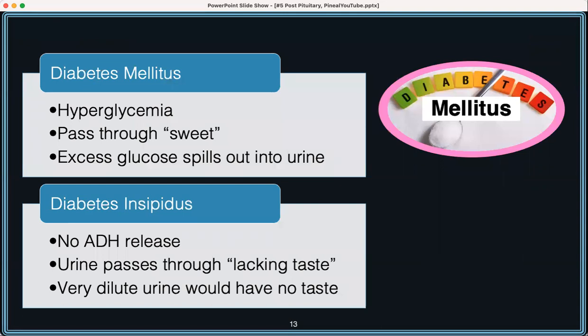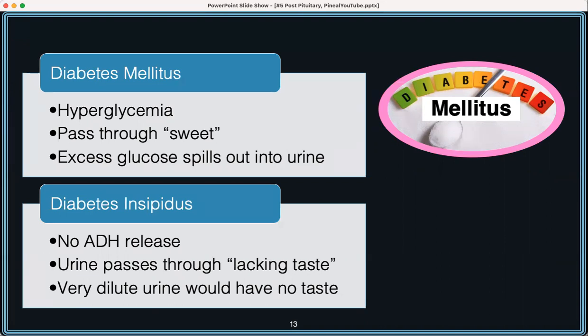So diabetes mellitus, passing through sweet: all the excess glucose that the body is holding in the vascular space spills out into the urine. So they pass through sweet.